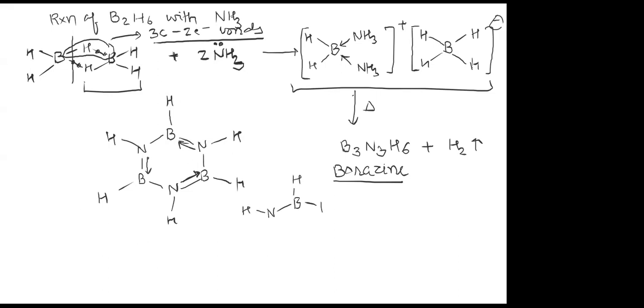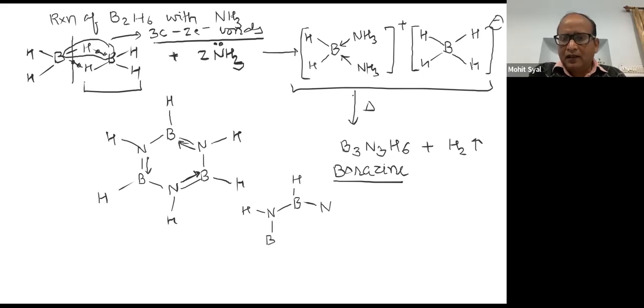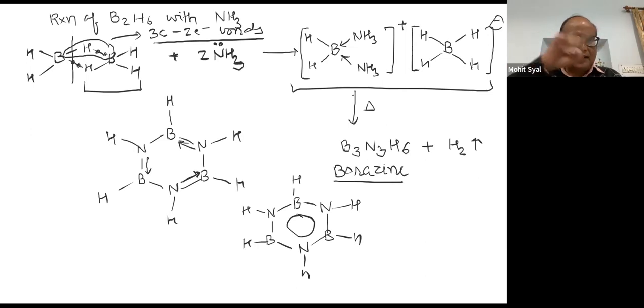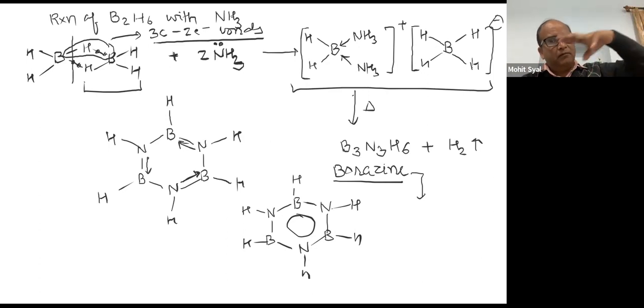The same situation we observe in benzene also, like this one. I put a circle to denote that the 6 electrons are moving in a circular manner, and this is borazine. It is exactly the same as benzene. There are alternate double bonds and single bonds, and the electron density of the double bonds becomes homogeneous. It keeps on moving because they are adjacent. They join together and keep on rotating.